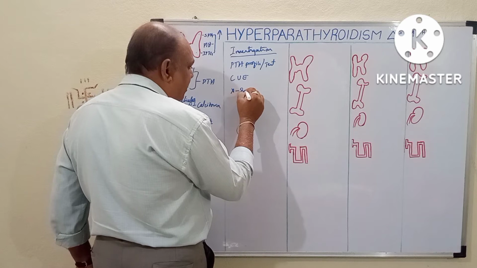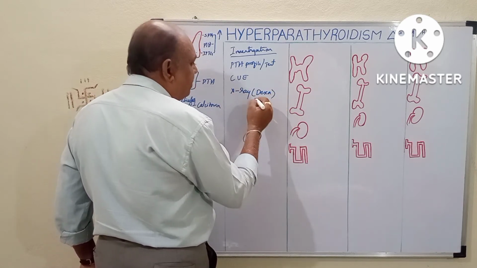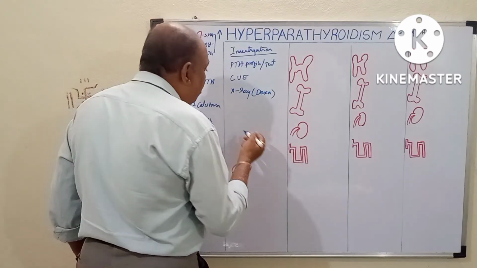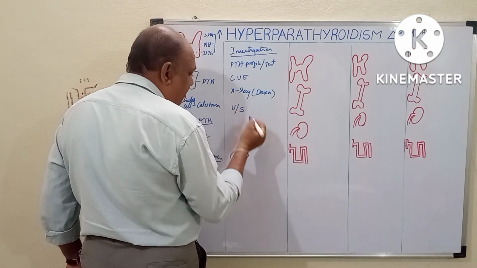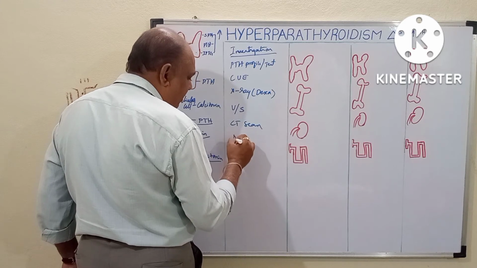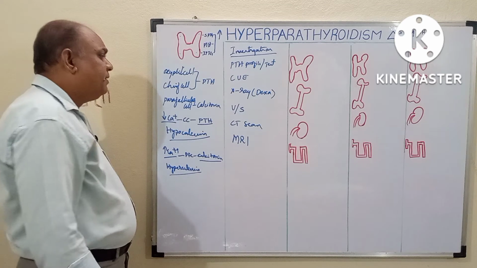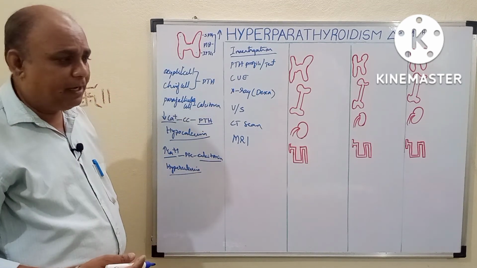Three, X-ray, or in a few places DEXA is also used. DEXA means dual energy X-ray absorptiometry. Apart from this, ultrasound, CT scan and MRI. These are the investigations which may help us to study the hyperparathyroidism diagnosis.